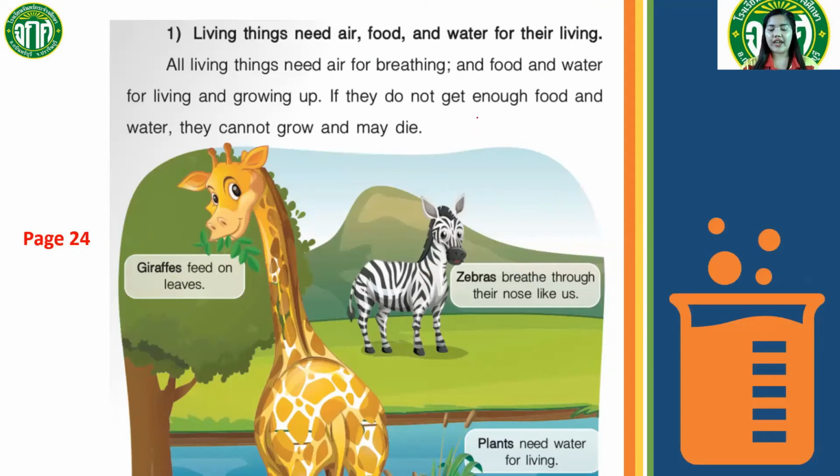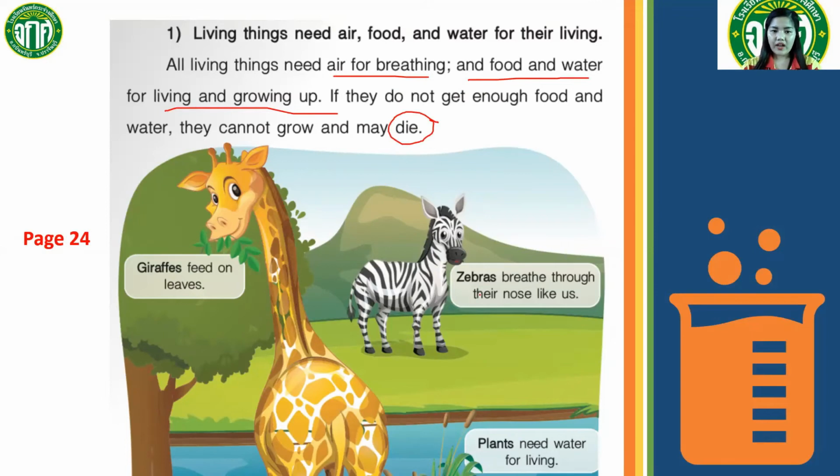They need air, food, and water for their living. All living things need air for breathing, food and water for living and growing up. If they do not get enough food and water, they cannot grow and may die. What happens to the living things if they do not have food and water? They will not grow and they will die.